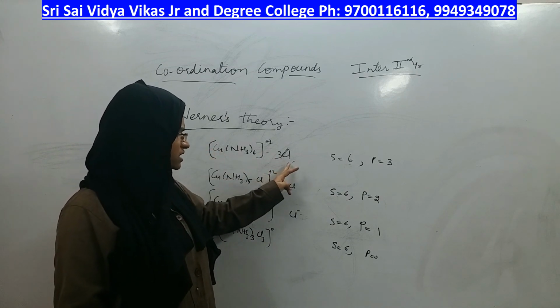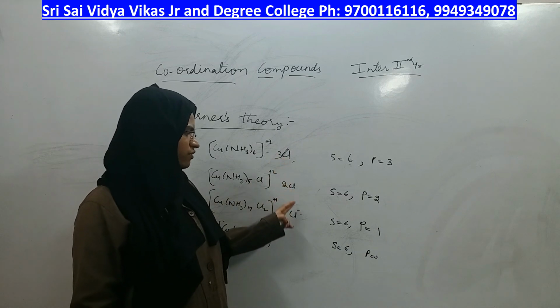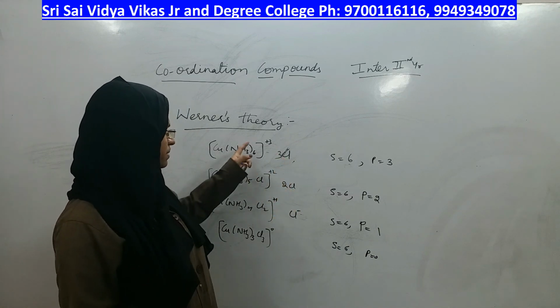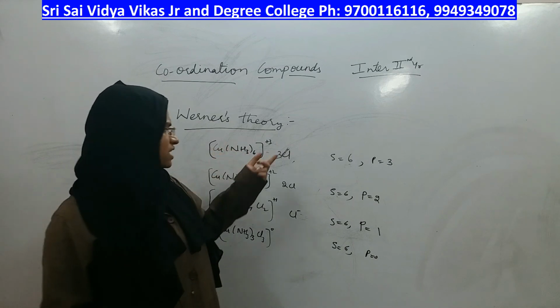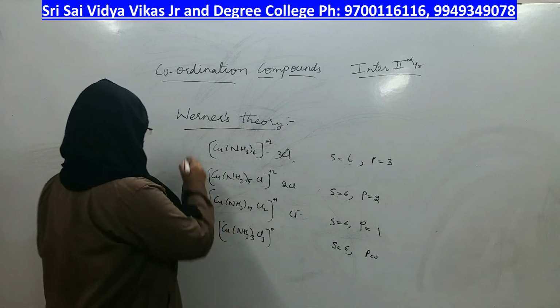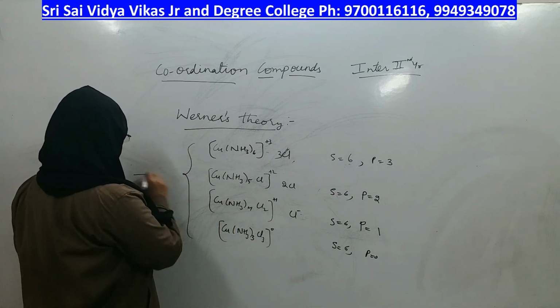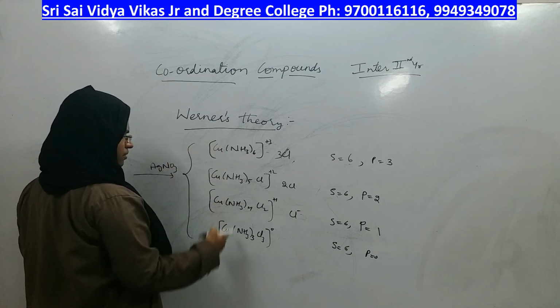If primary valency can be ionized, you can also convert those ions into a precipitate. How can you get the precipitate of all the compounds? Can you get the precipitate of AgCl from this compound? Yes. I am adding AgNO3 reagent to all the compounds.